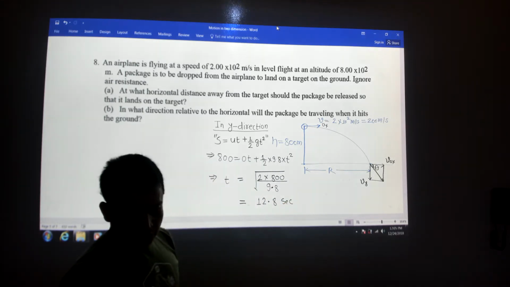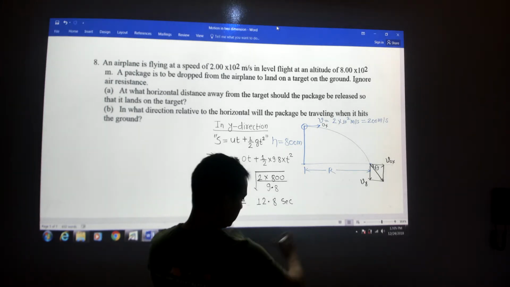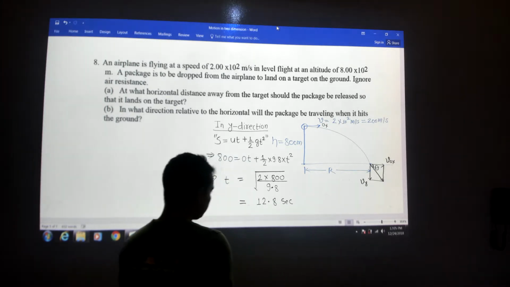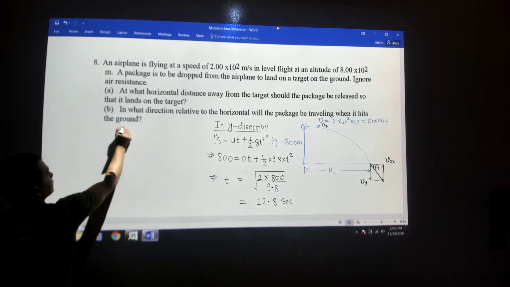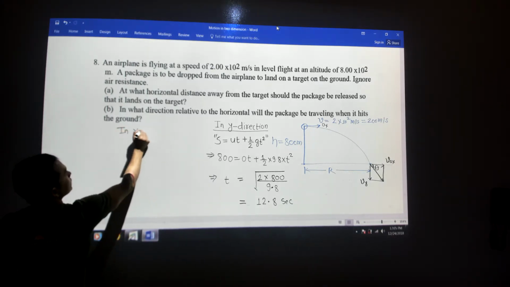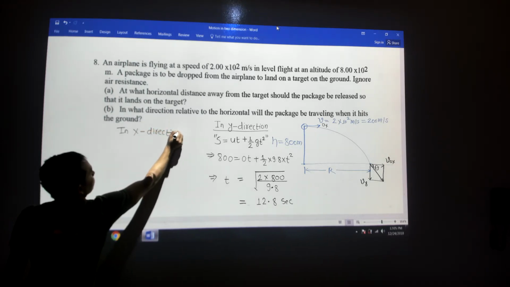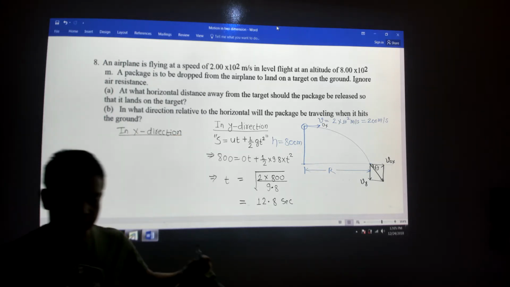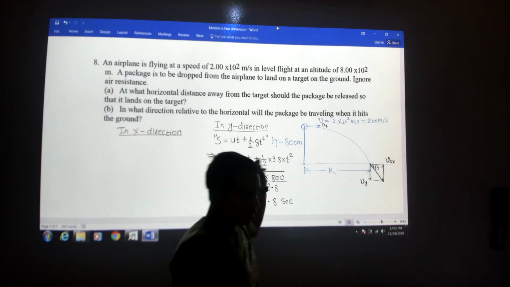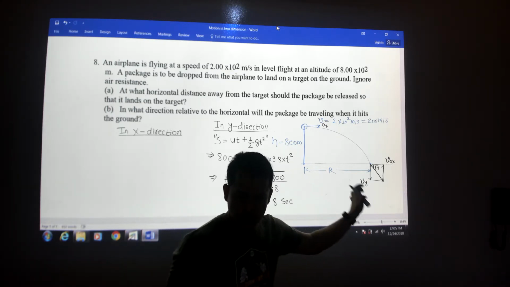Now once you know the time, you can calculate the horizontal distance. Now along the x direction, the horizontal velocity remains the same. The horizontal velocity does not change.